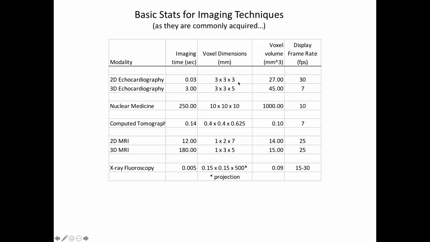The voxel dimension, I call it voxel dimension instead of resolution, because normally this is how the image is displayed. When you put it up on a computer, you have to decide how many pixels to put in your image.